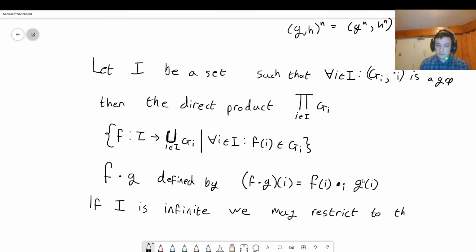to the direct sum, and the direct sum is a subgroup of the direct product.